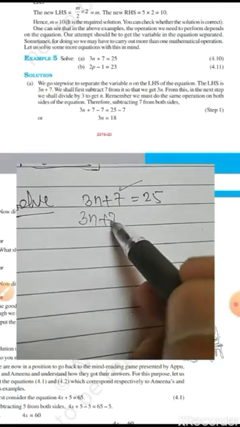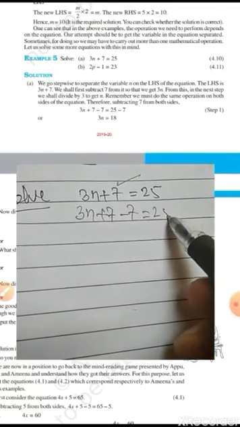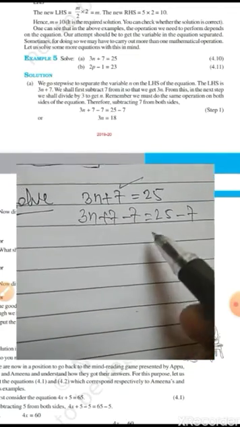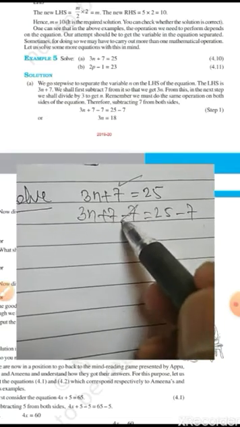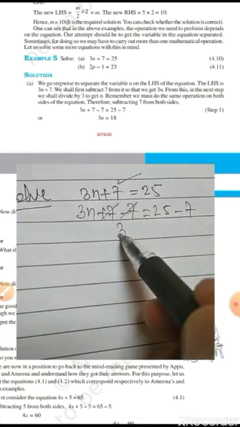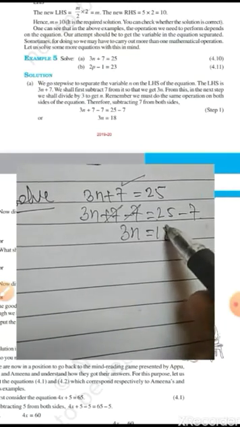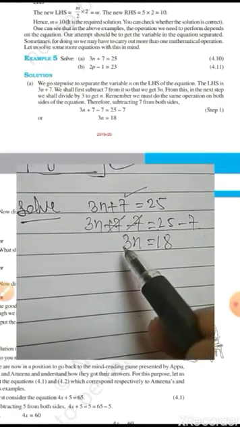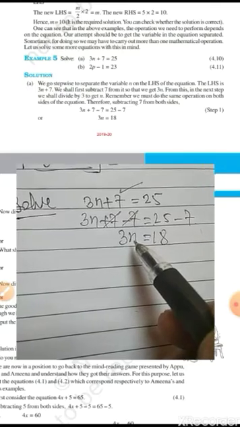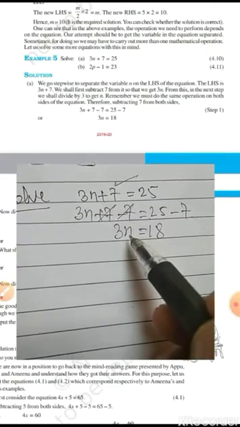3n plus 7 minus 7 is equal to 25 minus 7. Okay, so this 7 cancels this. So 3n is equal to what? 25 minus 7, 18. Now 3 is multiplied to n.